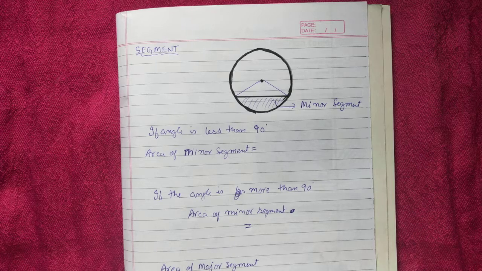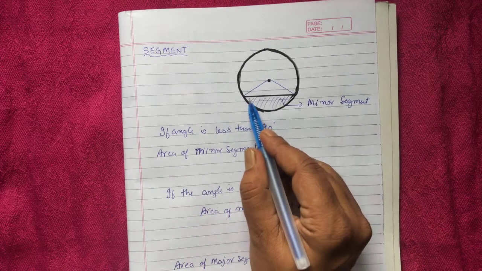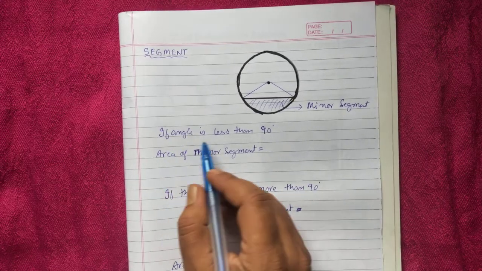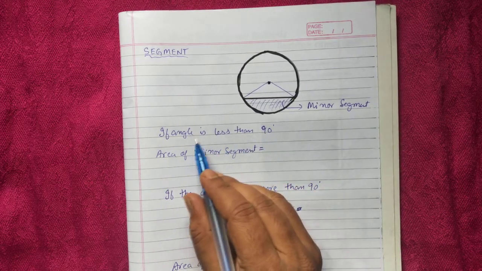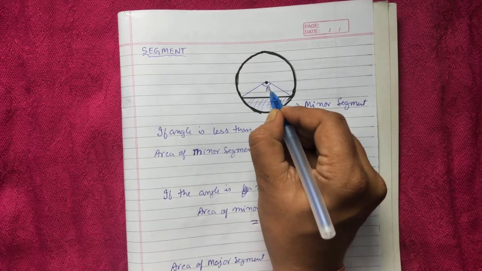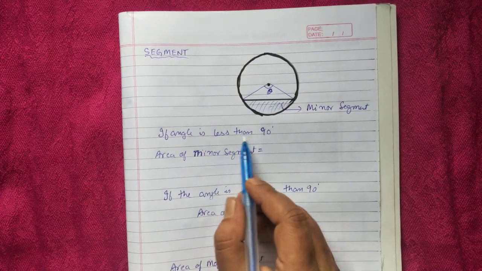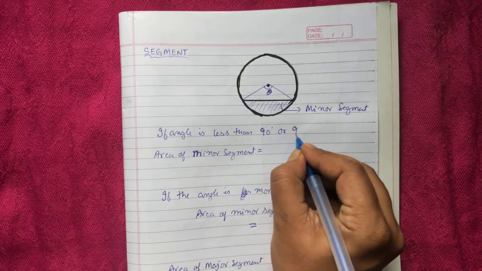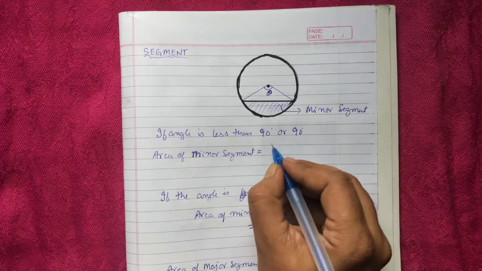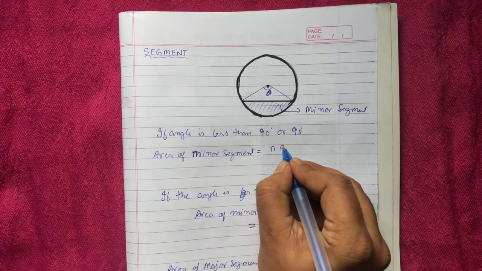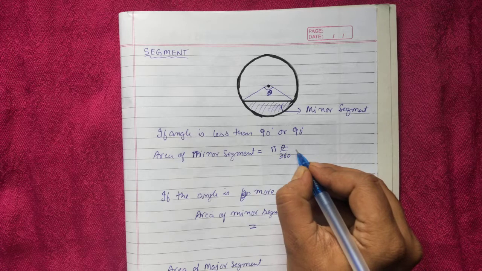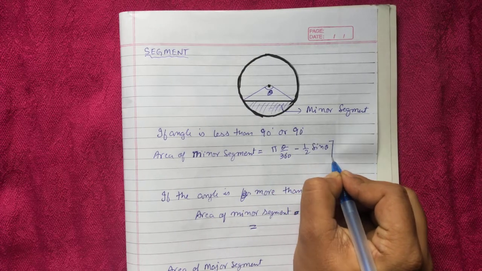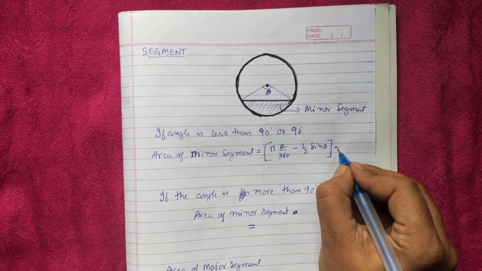Now, the formula for finding this area, only this part, area of minor segment, depends on the angle. If the angle theta is less than 90 or 90 degrees, we can use pi theta by 360 minus half sine theta, and outside it is r square.